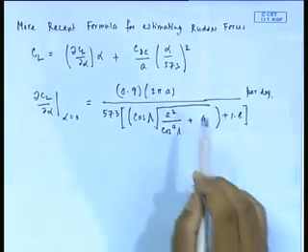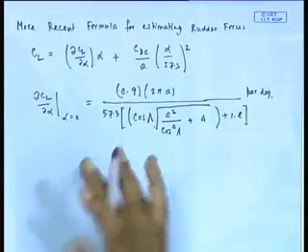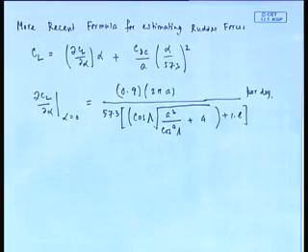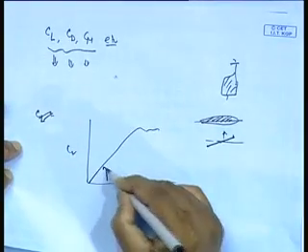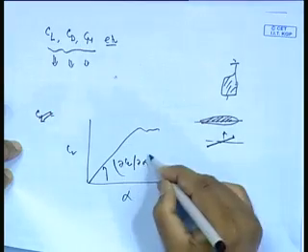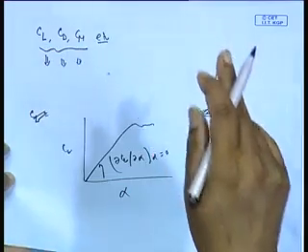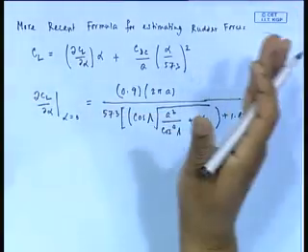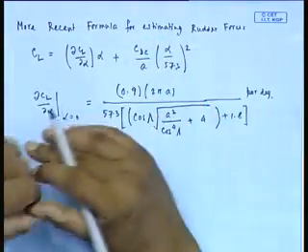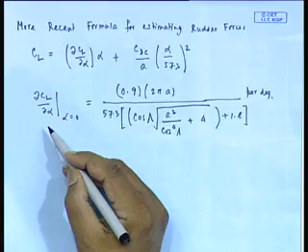See, I will tell you the important point here, dCL by dα. We mentioned that yesterday, if you recall, we had the plot of α versus CL, and this slope is dCL by dα at α equal to 0. We had an approximate formula in terms of this. This becomes the most important characteristic at 0, what is known as the slope of the lift curve at 0.